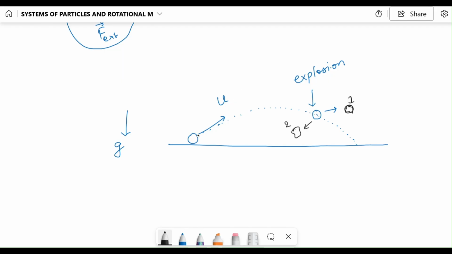Now its motion is complicated. Earlier, it was a single particle moving along this trajectory, and you could easily identify that this projectile is going to follow this trajectory and end up here, or easily find any other parameter. But when it explodes into two different parts, its motion is now complicated.